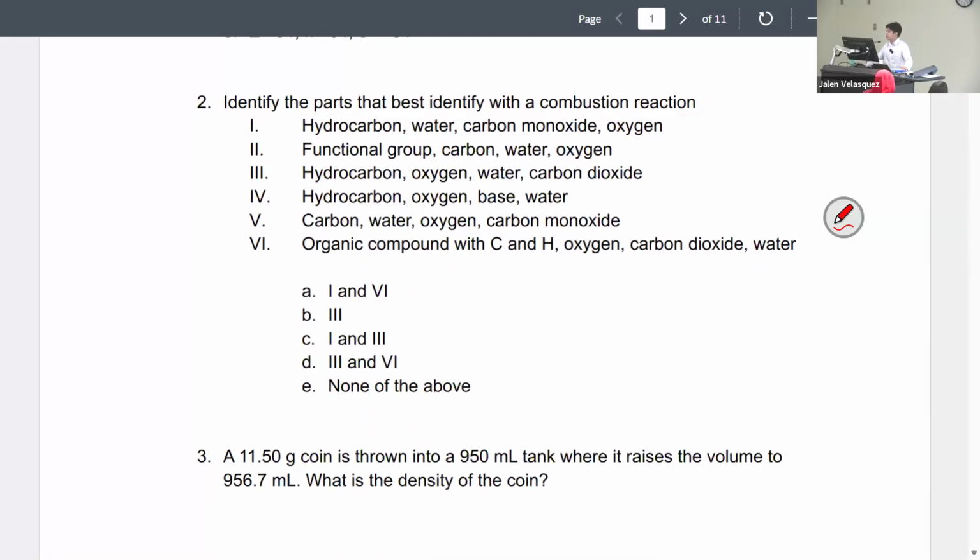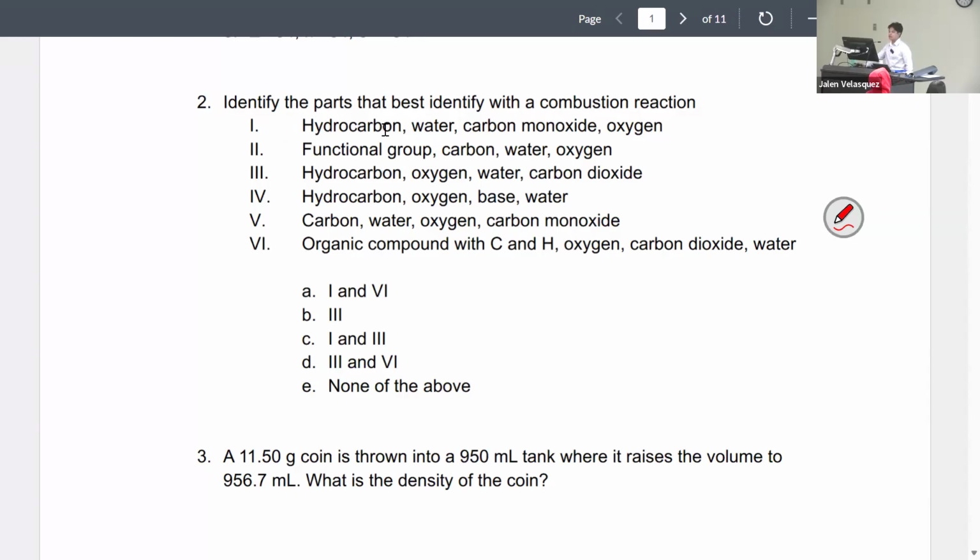Number 2 here, and this is the type of question that she does like to ask on the in-person questions. She likes to ask a lot of these multiple select problems. So number 2 says, identify the parts that best identify with a combustion reaction.